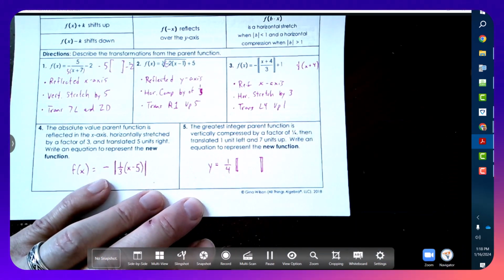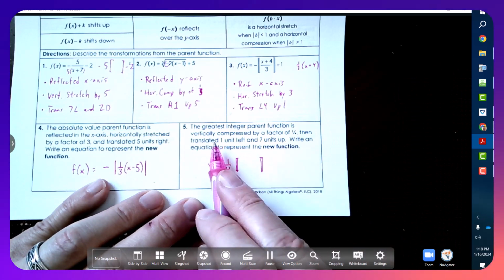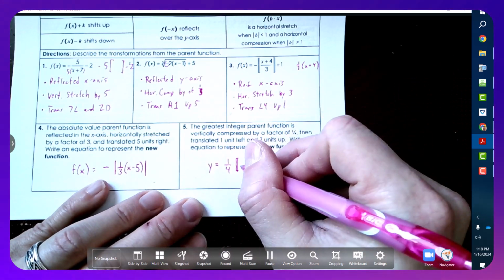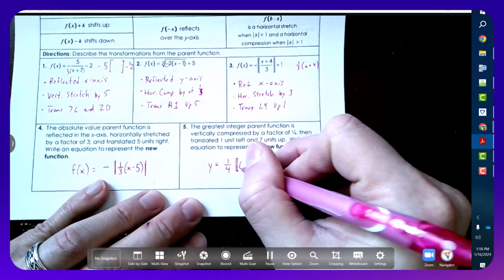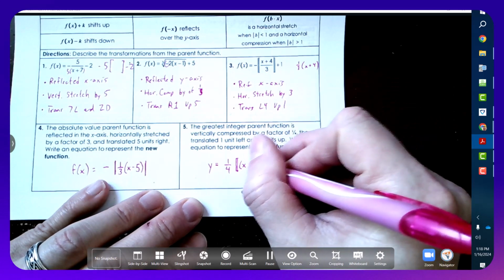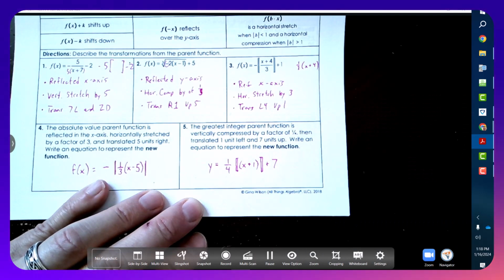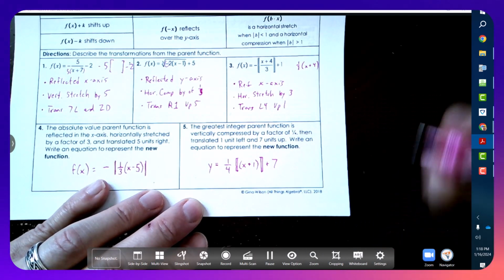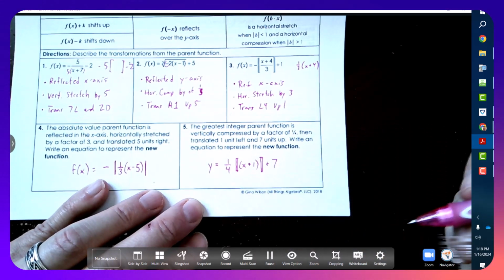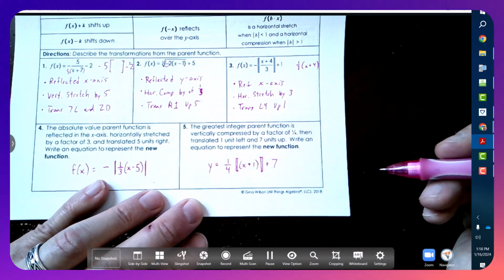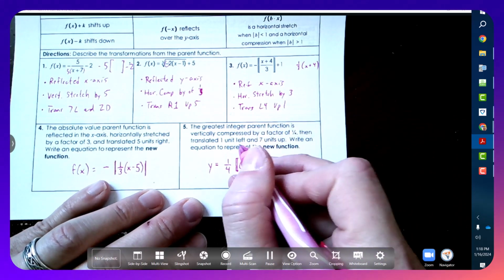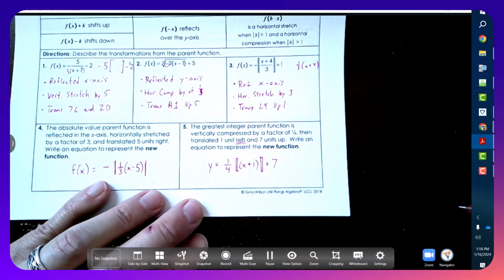Then it says I'm just going 1 to the left, so that would be parentheses x plus 1, and then I'm going 7 units up. Going up and down is always on the outside, and that was it. I didn't even have to put parentheses there, but it's a good habit if you have any kind of left-right motion. Okay, that is complete for that one.